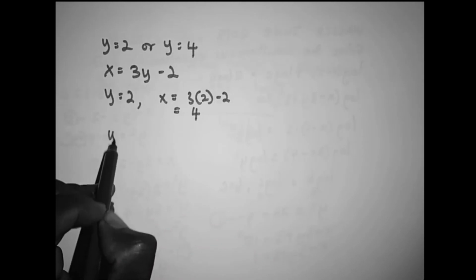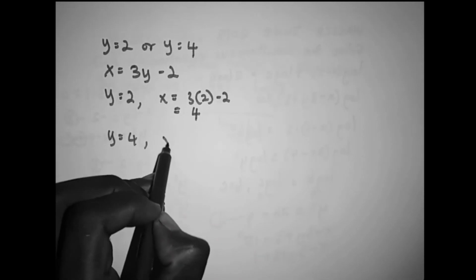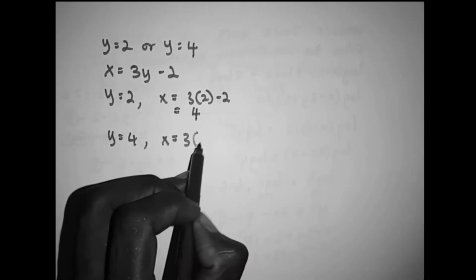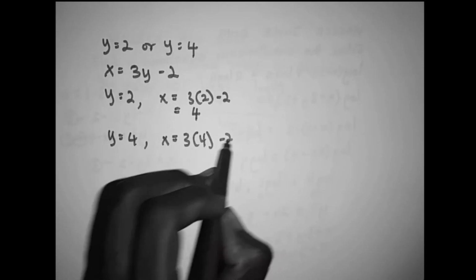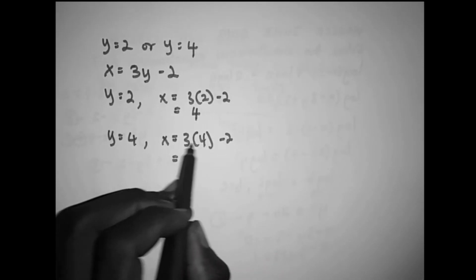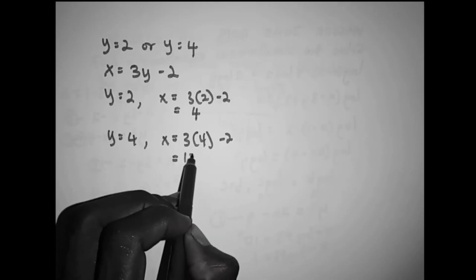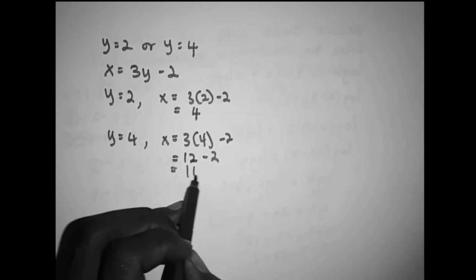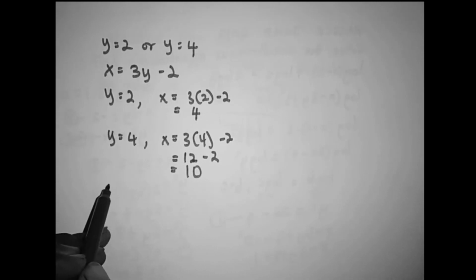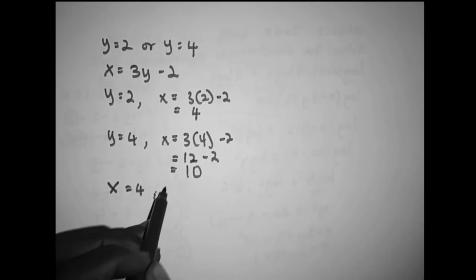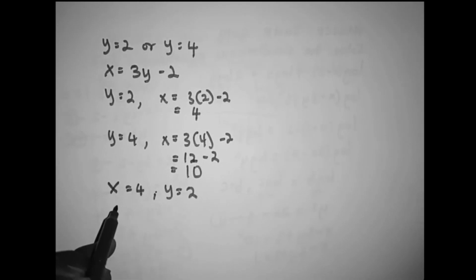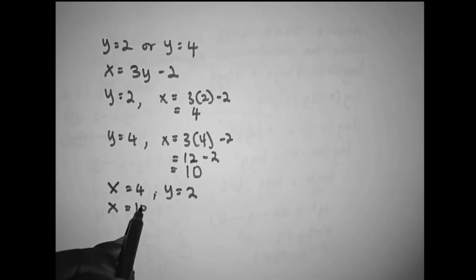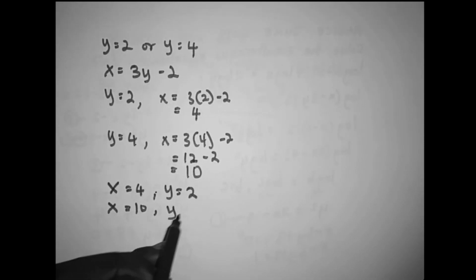And if y is equal to 4, x is equal to 3 times 4 minus 2, and that is equal to 12. 3 times 4 is 12 minus 2. This is equal to 10. So as x is equal to 4, y is equal to 2. And as x is equal to 10, y is equal to 4.